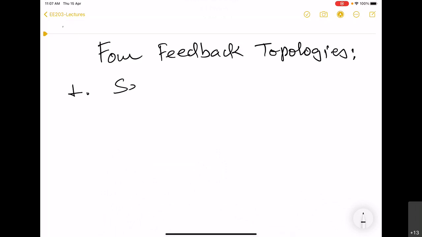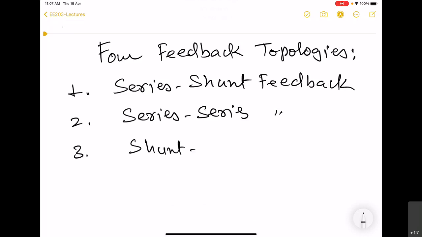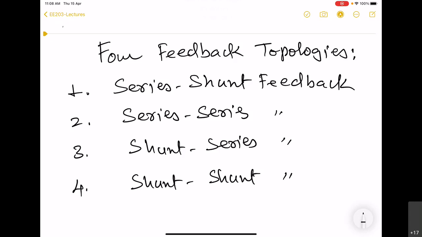And they are: first, Series-Shunt Feedback; second, Series-Series Feedback; third, Shunt-Series Feedback; and the fourth one is Shunt-Shunt Feedback.